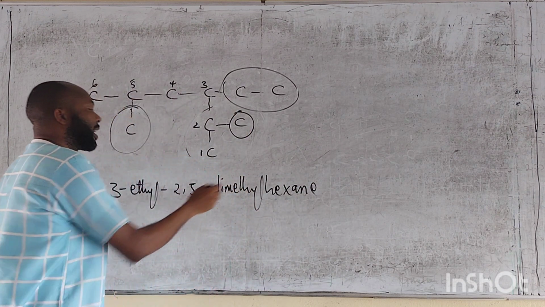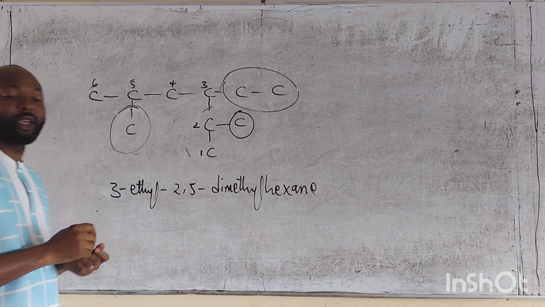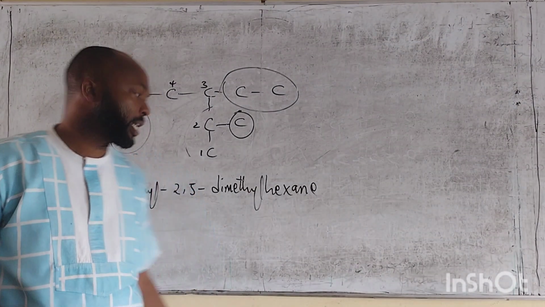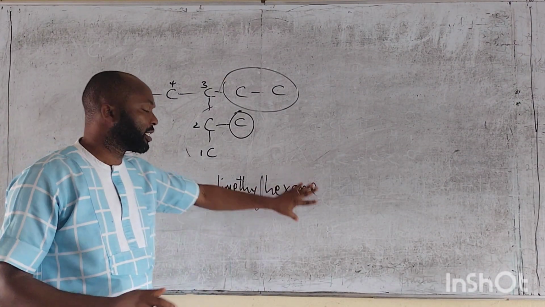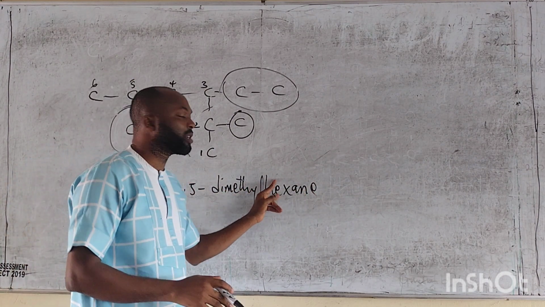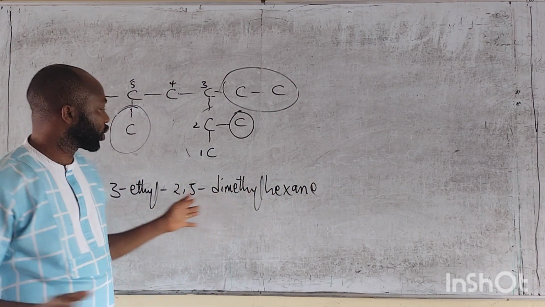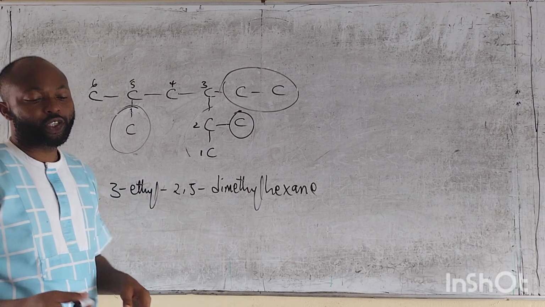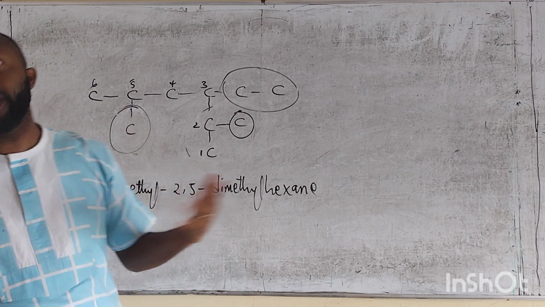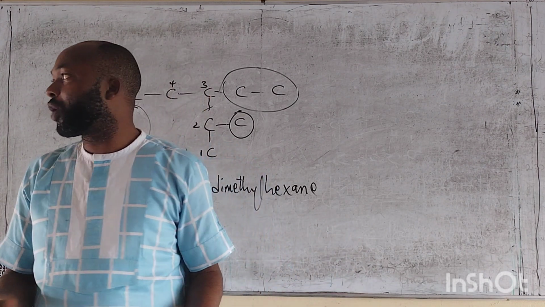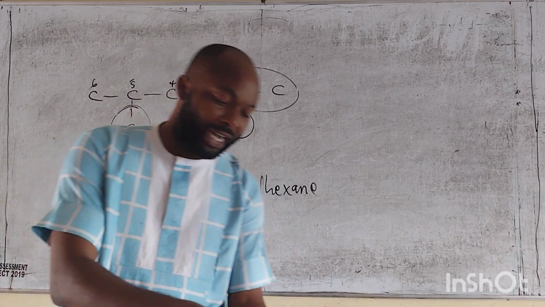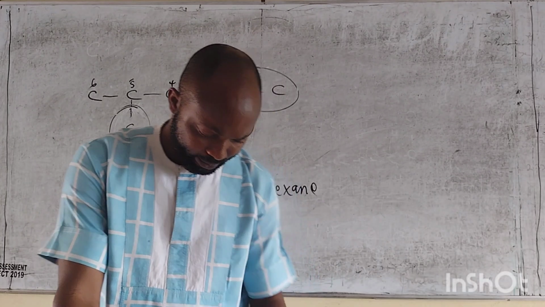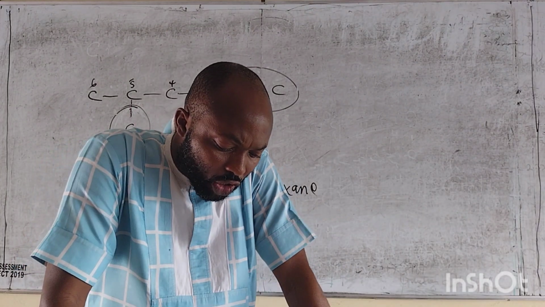And I think you will see that as we proceed further in the naming, in the rules. Now this is 3 ethyl, 2, 5 dimethyl hexane. When you space the methyl from the hexane, you are wrong. So that's how the rule goes. So let's continue. We are going to name many of them, tons of them. But before we get into the process of naming, we will see how we understand this whole thing. So that's the third rule.